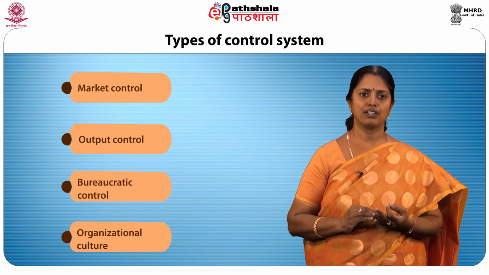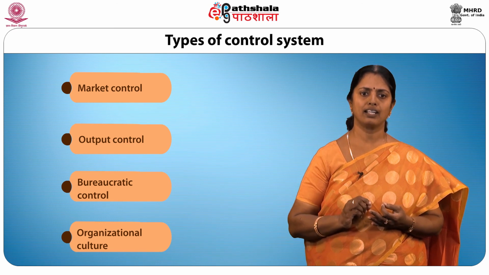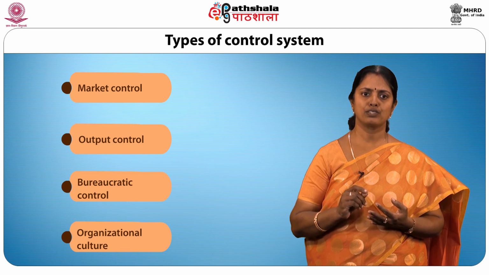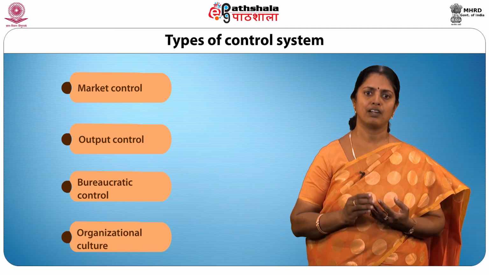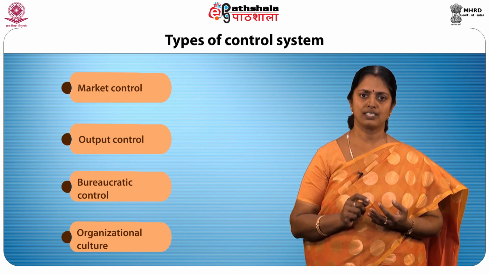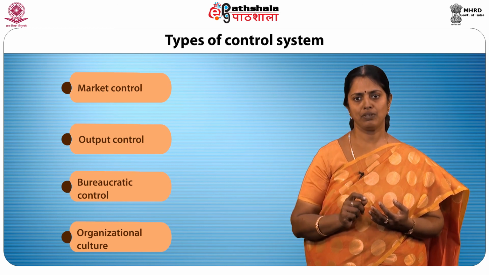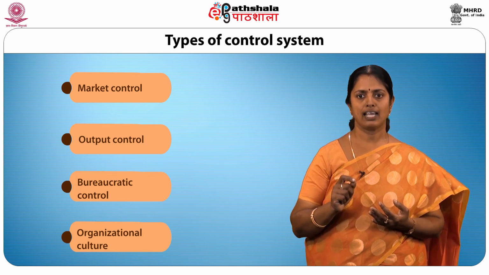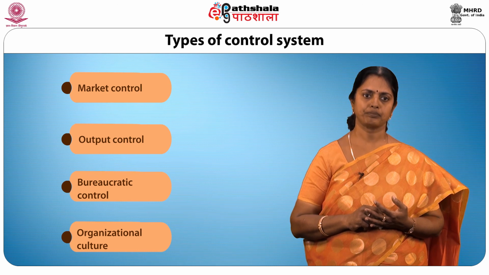The third type of control system is bureaucratic control. Bureaucratic control operates through a comprehensive system of rules and procedures to direct the activities of divisions, functions and individuals. It is to standardize the way to reach goals and develop accuracy.